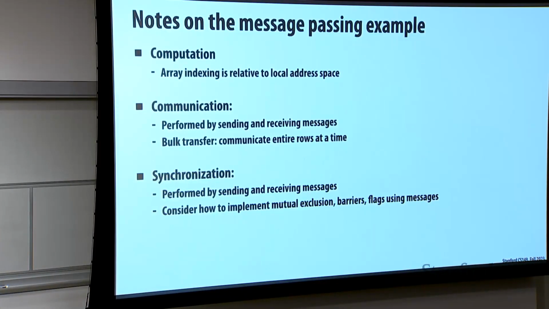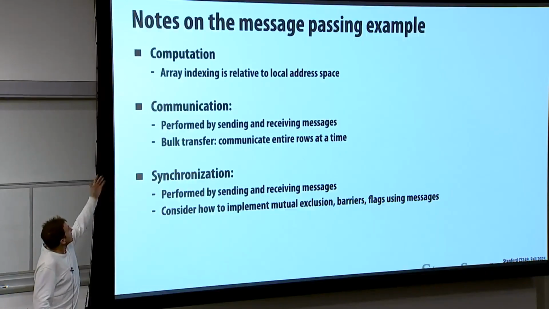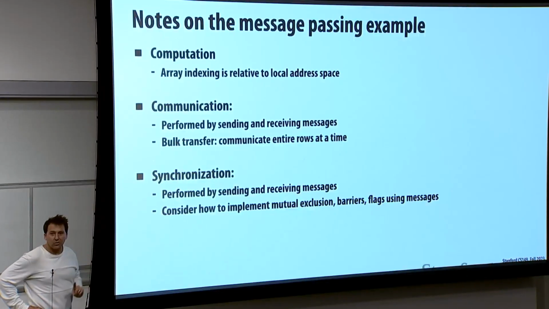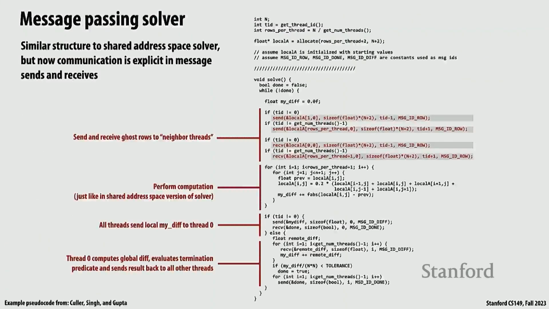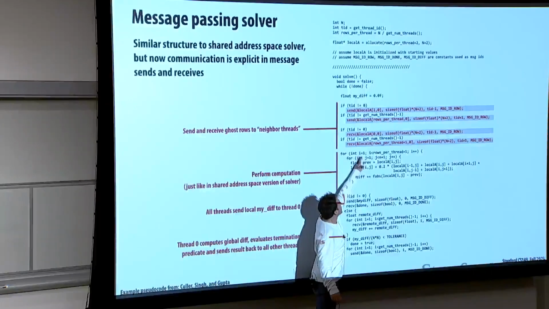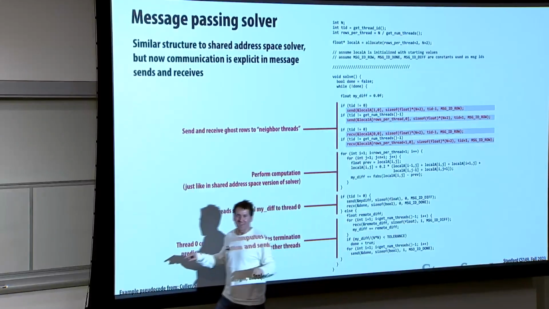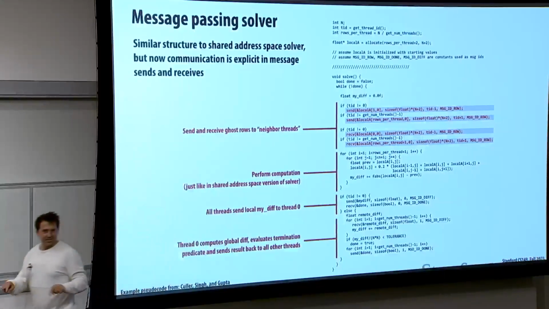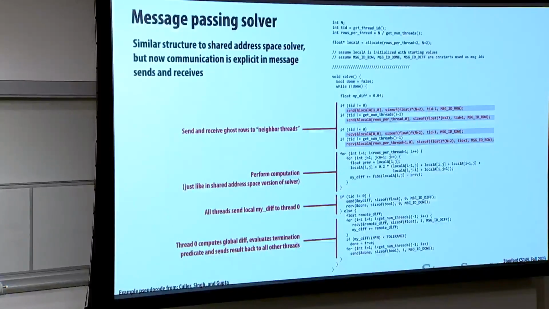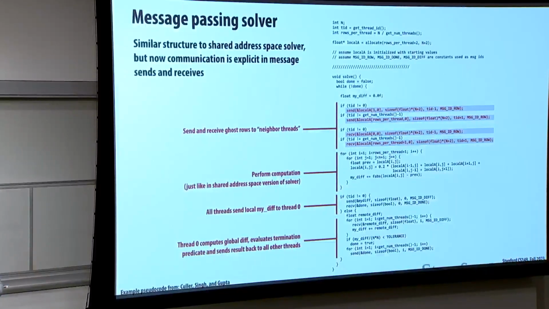Okay? And so just like a summary is, notice that all of the array computation was relative now. So if I go back here, just keep in mind that all threads are iterating over the same indices now. They're iterating over the same indices in their own local piece of the array.